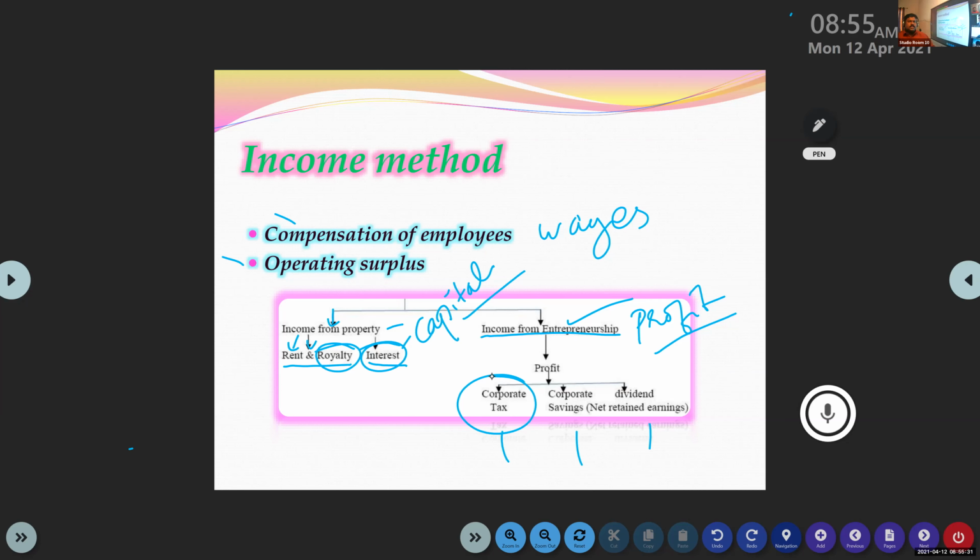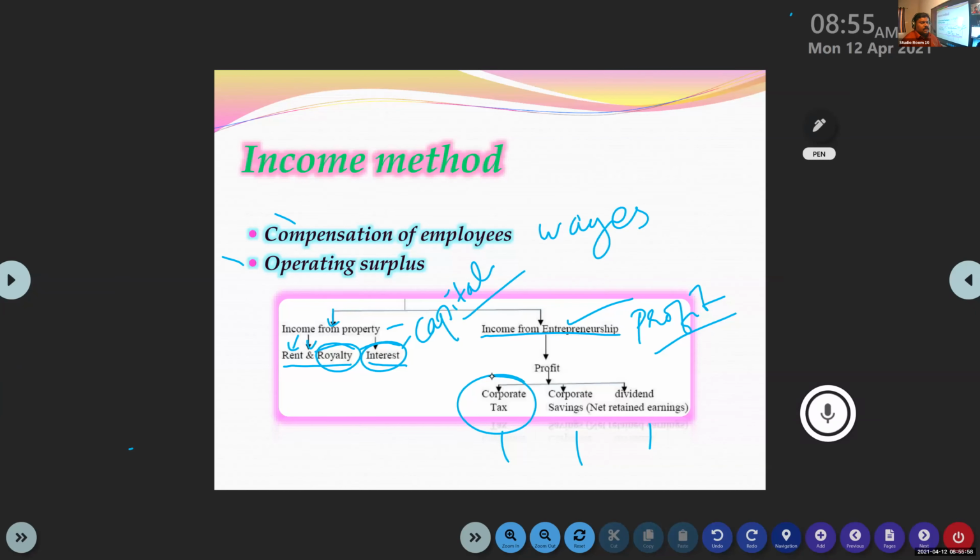For individuals, the government will collect proportionate income tax.